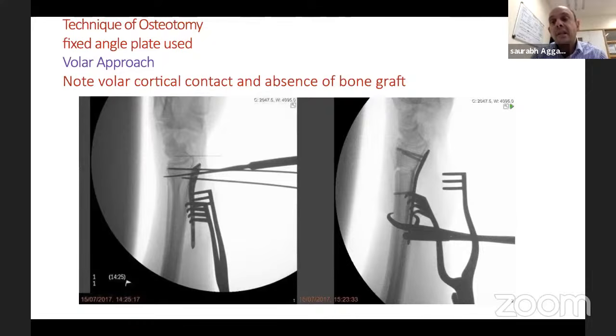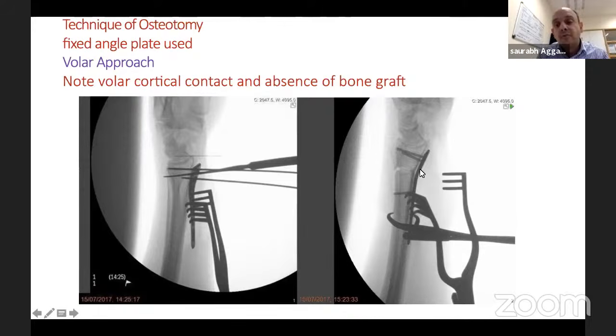But if I have to correct the length, the dorsal malunion, and the radial inclination, then to pre-drill screws is possible, but needs a lot of imagination. So this is an important point to understand, which will become clearer when I show you further examples. So that's the technique we have discussed: fixed angle.